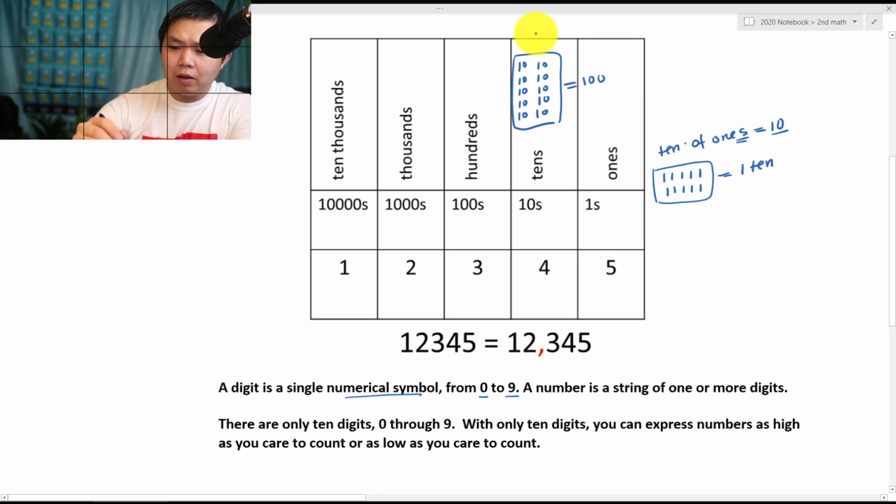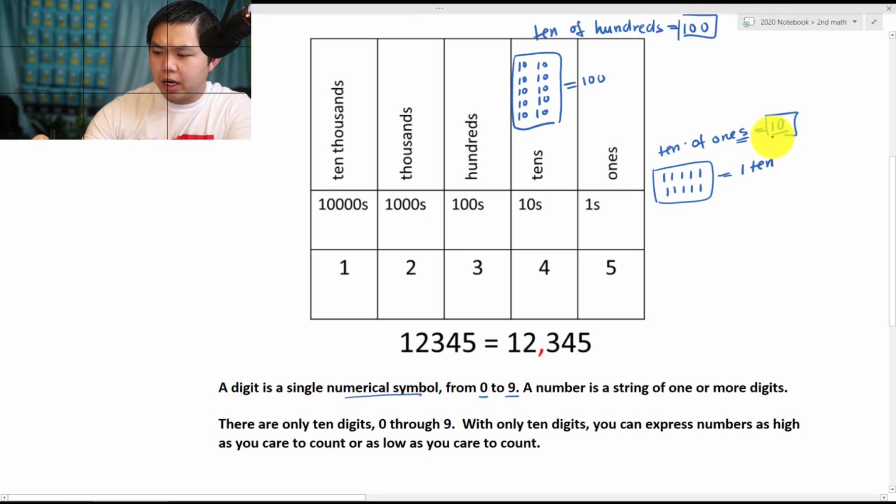In this case, we're not going to write tens of hundreds, which is equal to 100. Instead, we are just going to write 100. Now, what happens when we have tens of hundreds?